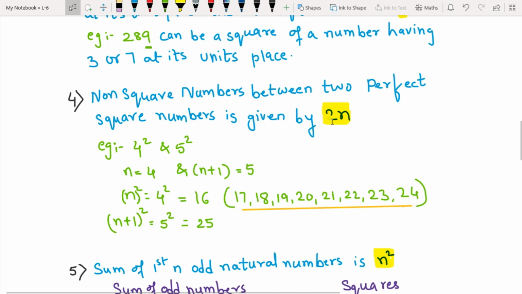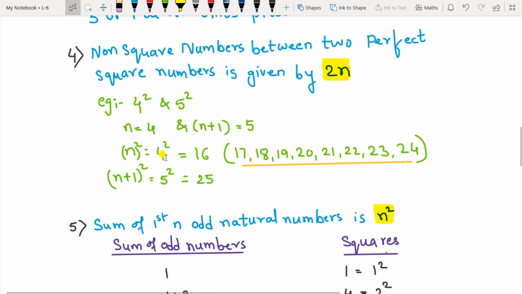It is given by a simple formula, 2n. What is n here? The smaller number is taken as n and the greater number is n plus 1. So here n is 4 and n plus 1 is 5. 4 square is 16 and 5 square is 25. The numbers between 16 and 25 are 17, 18, 19, 20, 21, 22, 23, 24.